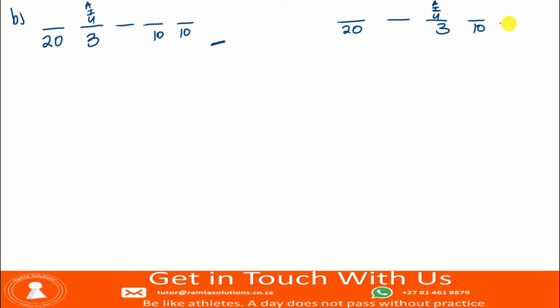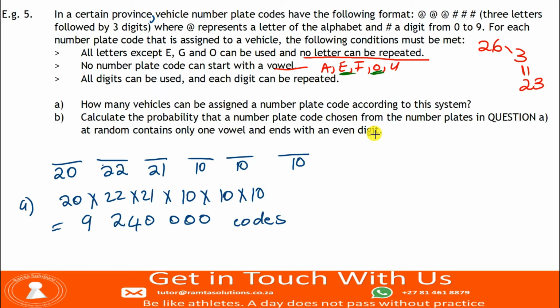The last place contains 0, 2, 4, 6, 8. So they said it must end with an even digit.